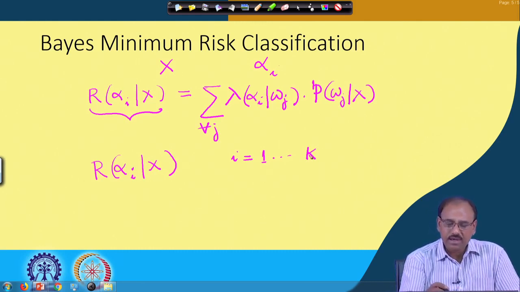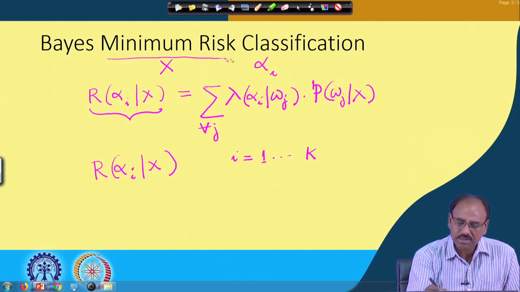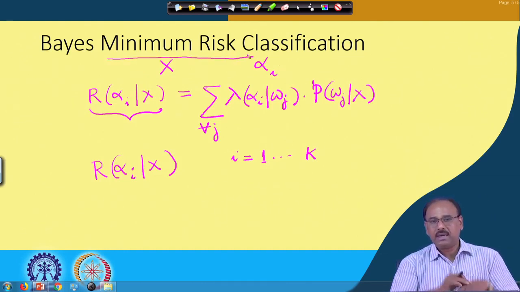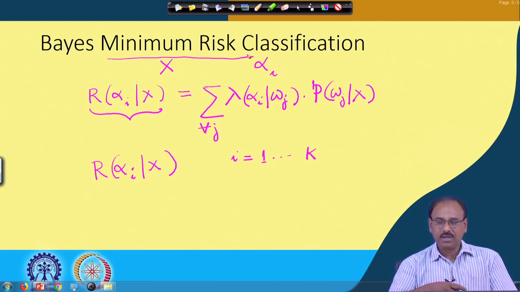So, that is why it is Bayes minimum risk classification. That is, I want to take that particular action for which my risk is minimum. Unlike in the case of Bayes minimum error classification, where you decided x to belong to a particular class which minimized your error, now it is minimization of risk.